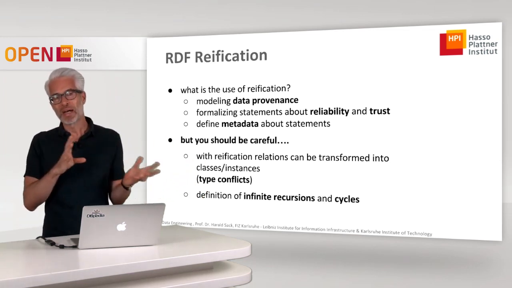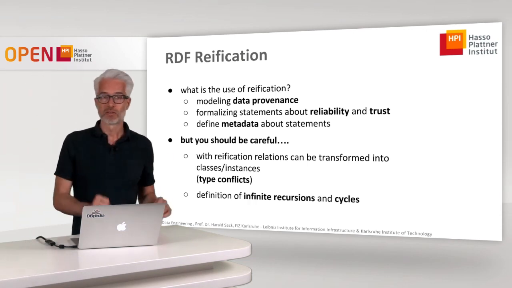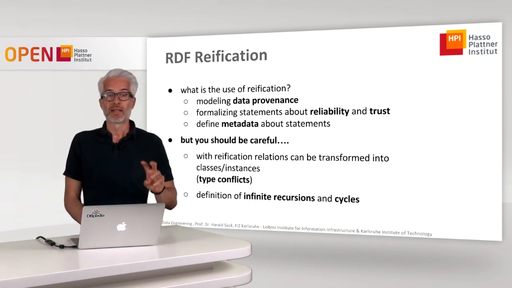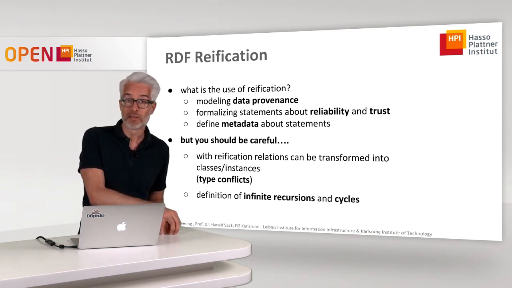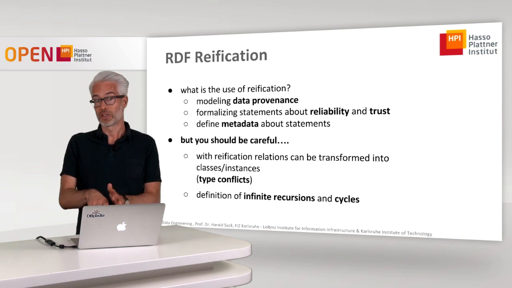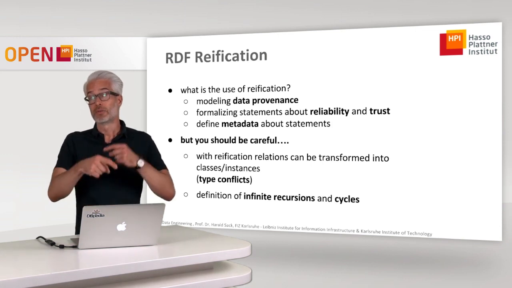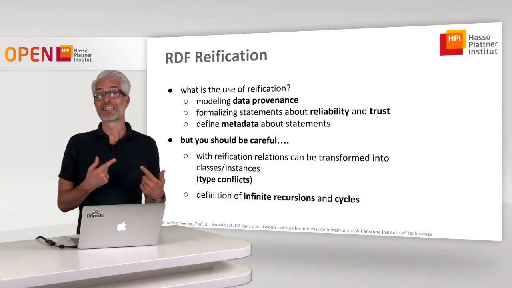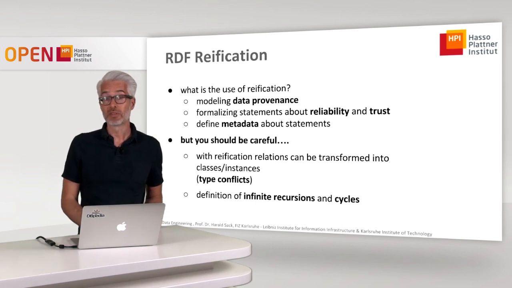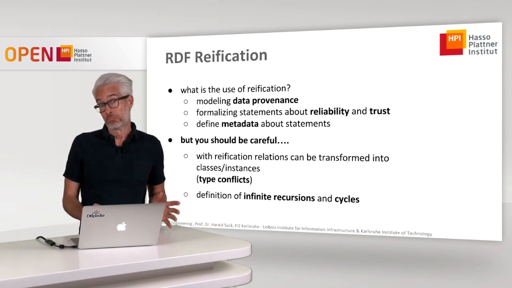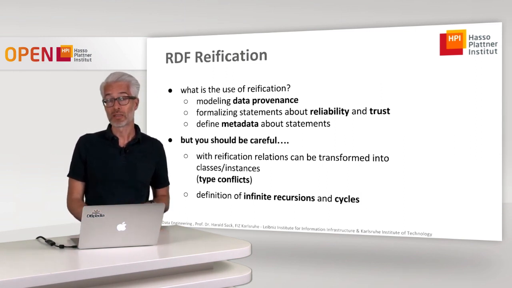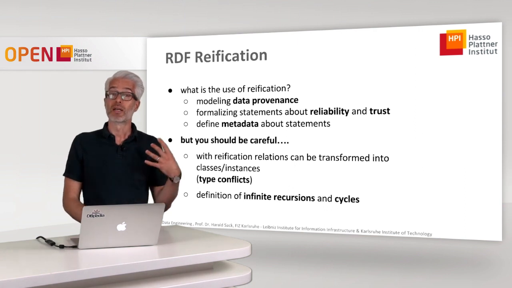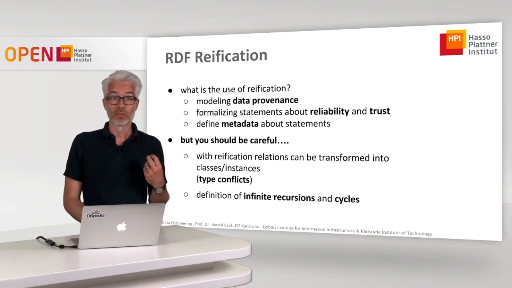So you might end up with type conflicts in strictly typed languages. Another thing is, if you use your statement also as a subject or object in a statement, and you define a cycle, you will end up in an infinite recursion, which is also a bad thing, and of course you don't want to do that. So be careful if you're using reification, but keep in mind it's interesting and important to express provenance.